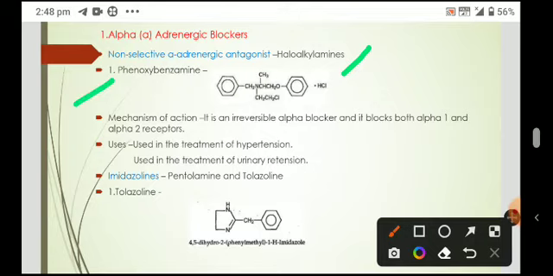Its synthesis is as given here. Benzyl cyanide is treated with methyl alcohol in presence of HCl, forming ethyl 2-phenylacetimidate hydrochloride. Again it is treated with ethylenediamine, which produces tolazoline.